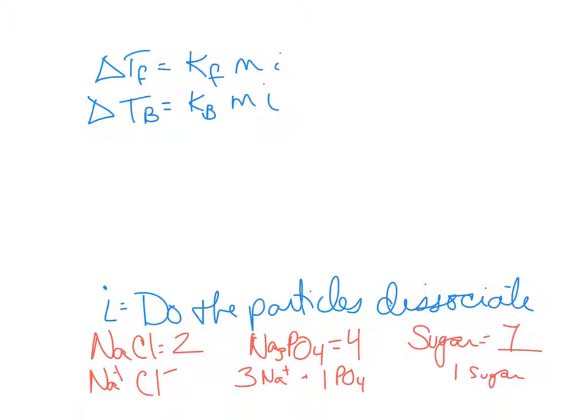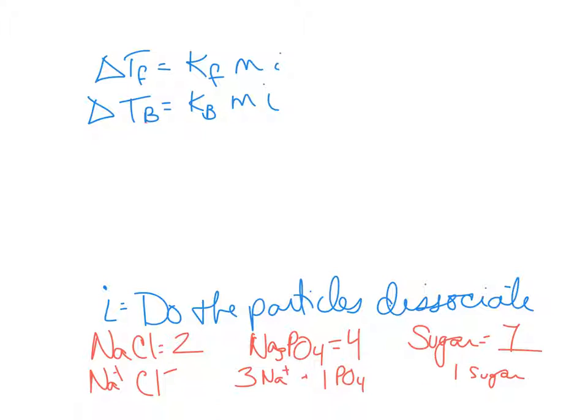So change in temp, whether it's freezing or boiling, is equal to the constant times the molality of the solution times whatever your Van't Hoff factor is, however many particles are in your solute.